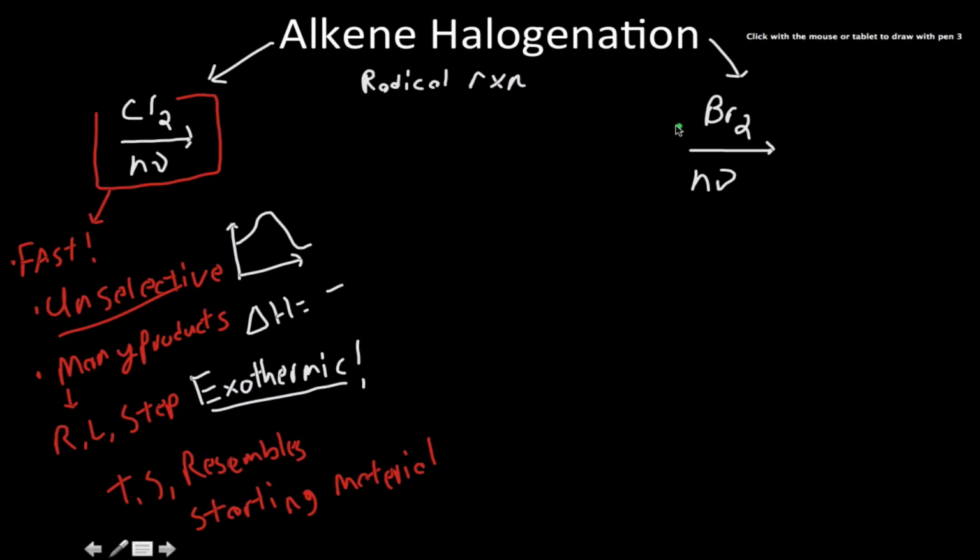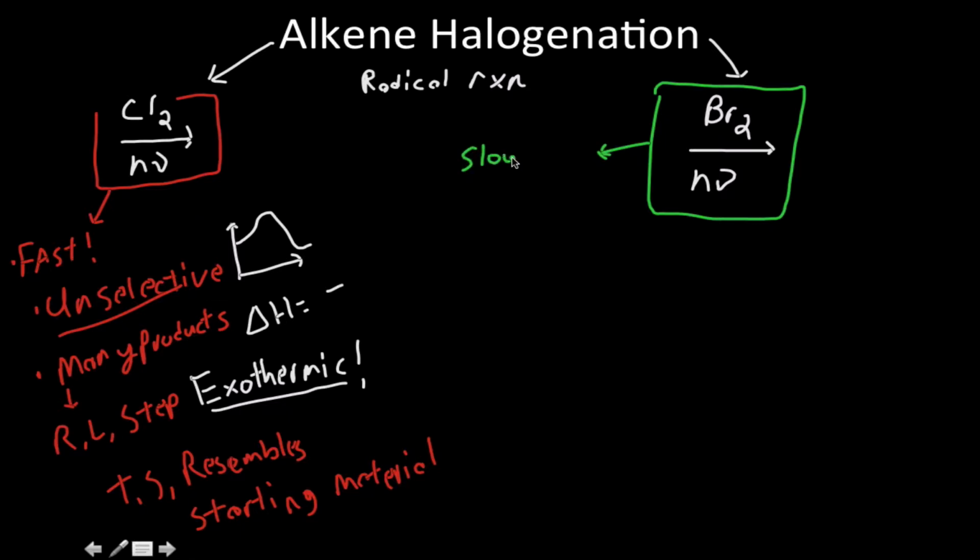Moving on to Br2, radical reactions of an alkene with Br2. Just as the chlorine reaction was fast and unselective, these are very slow, but they are selective.